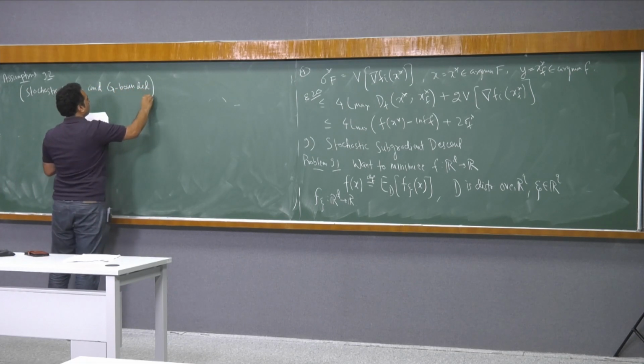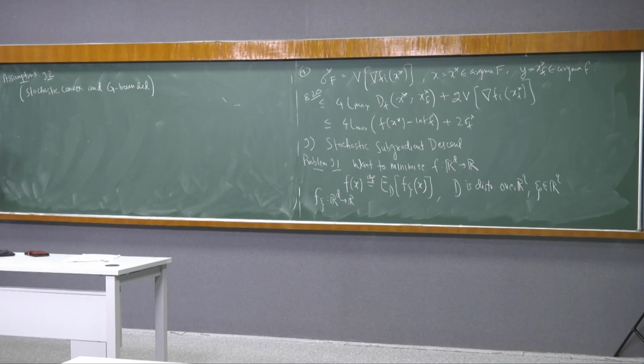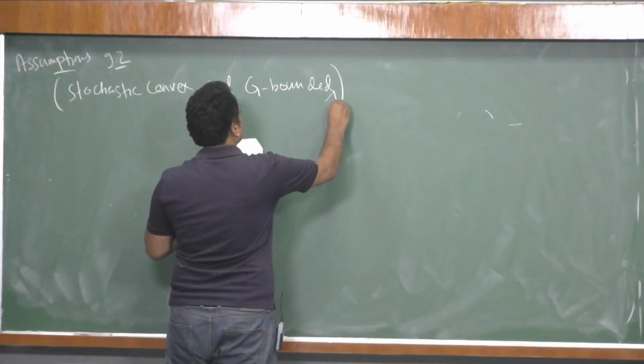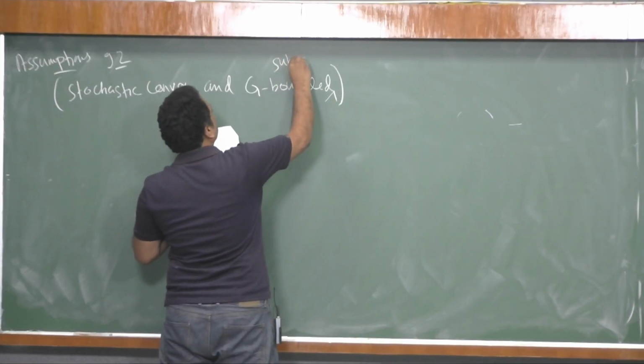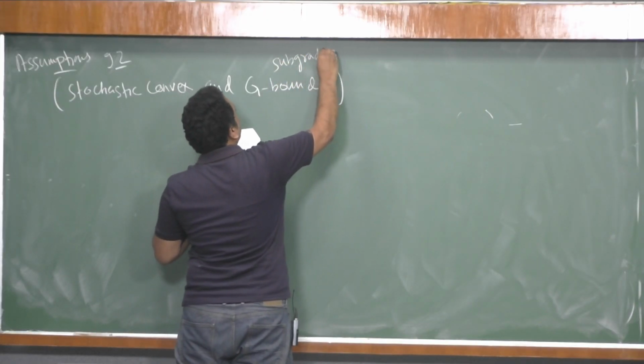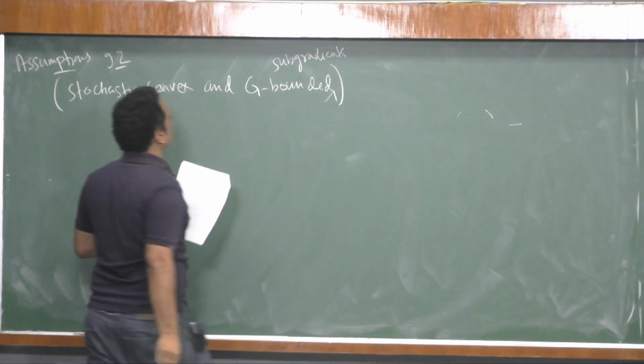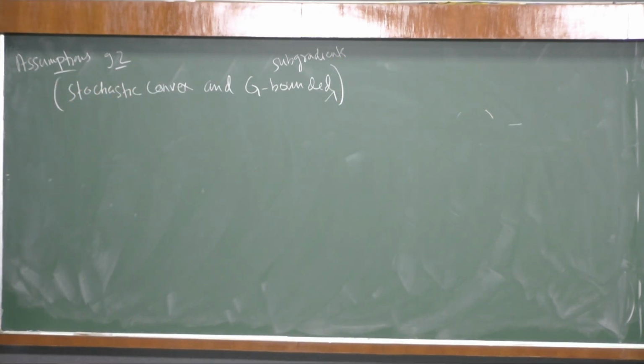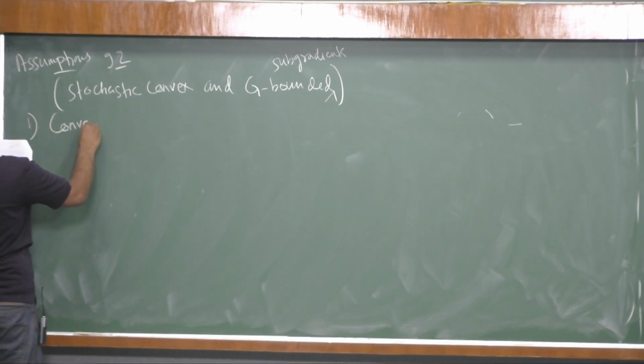Here G will stand for the gradient. You will see some bound on the gradient will be needed, and since we are dealing with subgradients instead of gradients, it's good to highlight this. These are bounded subgradients. So the first assumption is convexity.